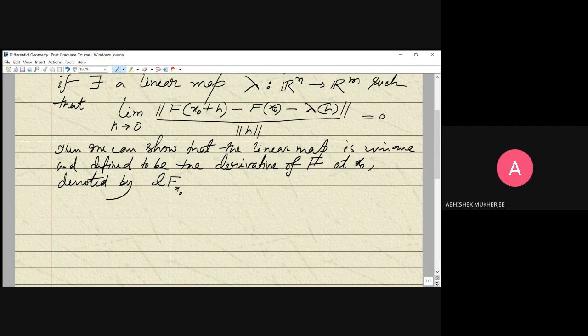That is, df x naught is lambda. This is the map.